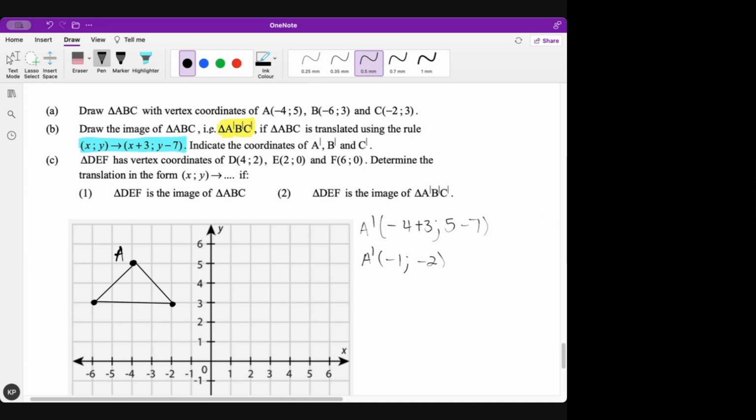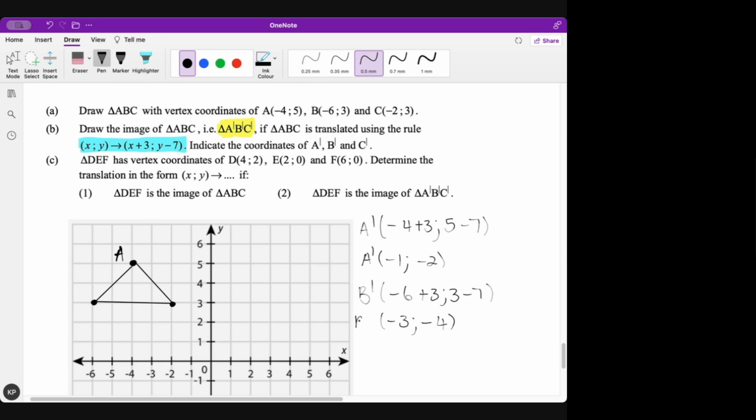Point B prime will be -6 plus 3 and 3 minus 7. What's -6 plus 3? That will give us -3, and 3 minus 7 is -4.